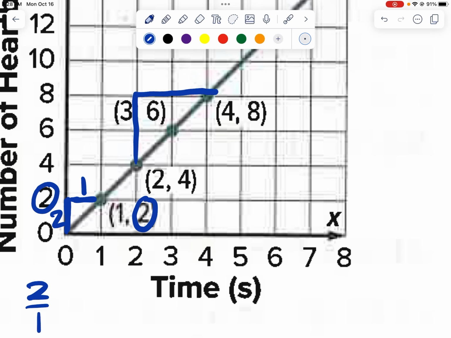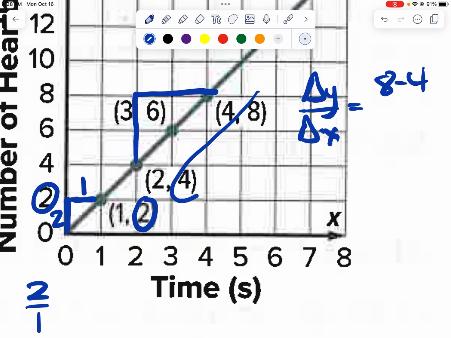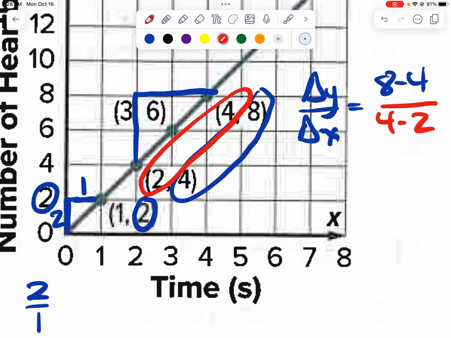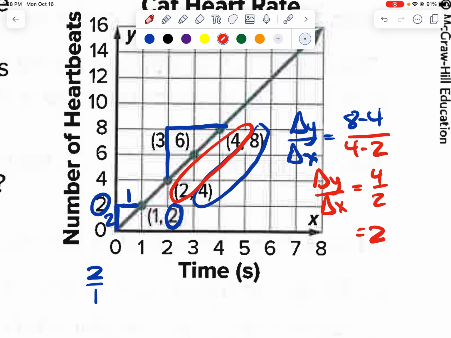If I did change in y over change in x, 8 minus 4, because I take these numbers and I subtract them, over 4 minus 2, change in y over the change in x equals 4 over 2, which is equal to 2.